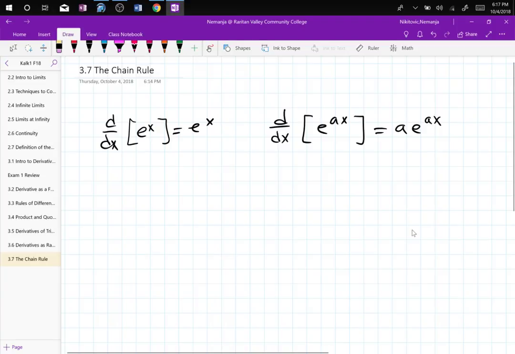And to do that, we first have to talk about function composition. I did mention last time that you should review function composition, because without it, you won't be able to perform this most important technique at all. So let's talk about function composition.